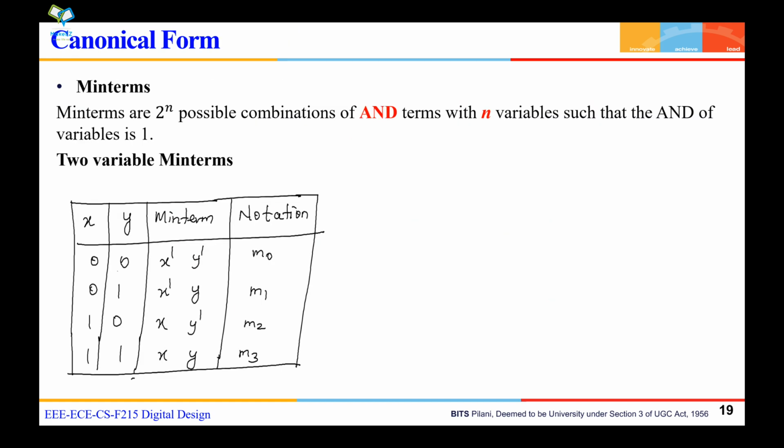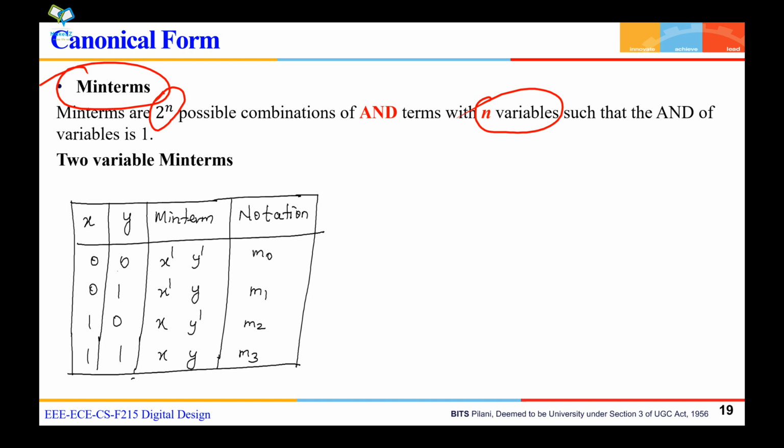See, here we are taking two variables. If it is two variables, then you get four minterms. These minterms are normally written as 2 to the power of n minterms. That means the number of minterms for a Boolean equation depends on the number of variables.